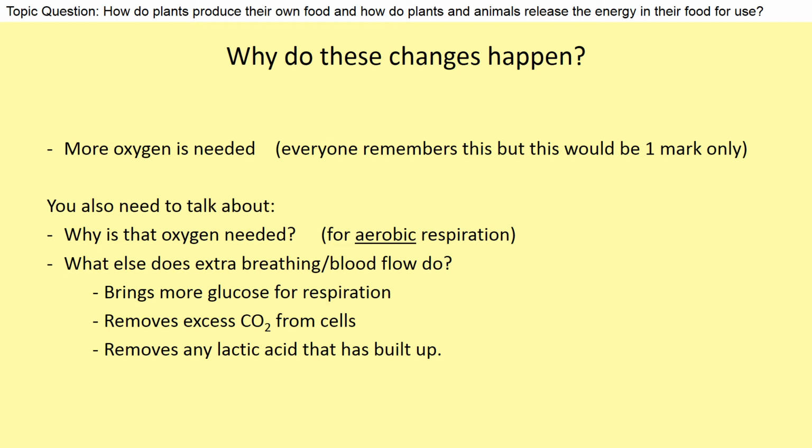So we need to think about not just oxygen, but also glucose, carbon dioxide, and potentially any lactic acid. So this is why all of these changes are happening when we exercise. Don't only talk about the obvious one.